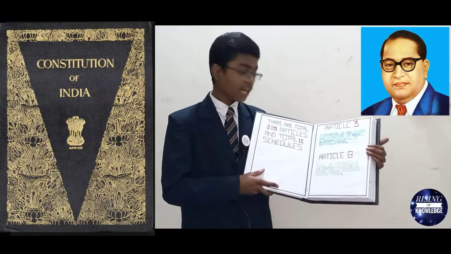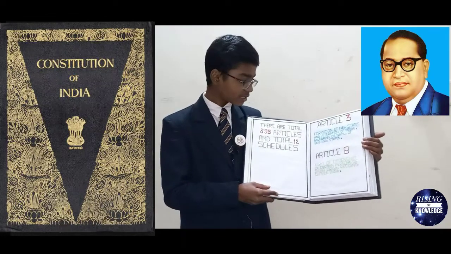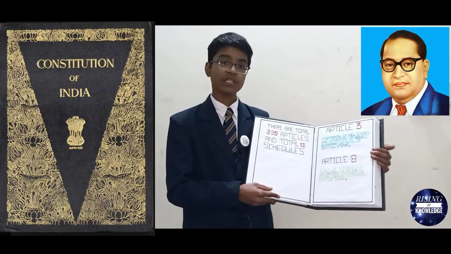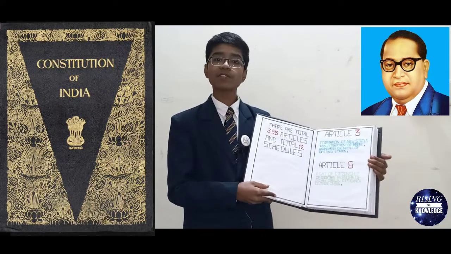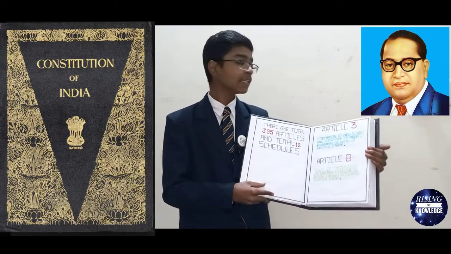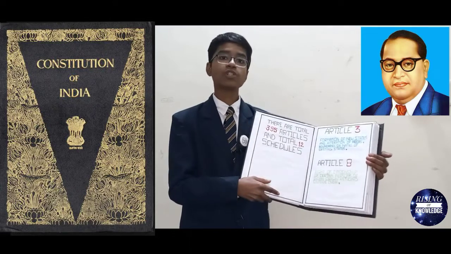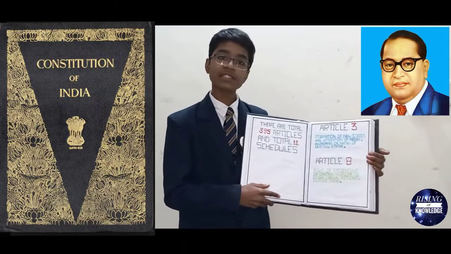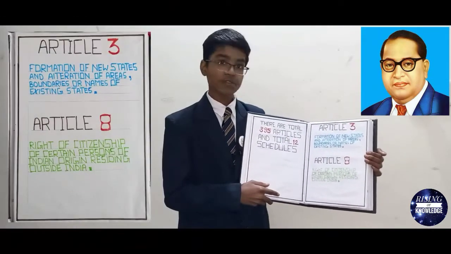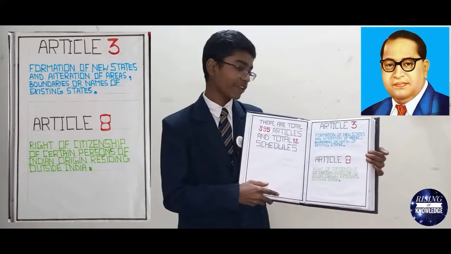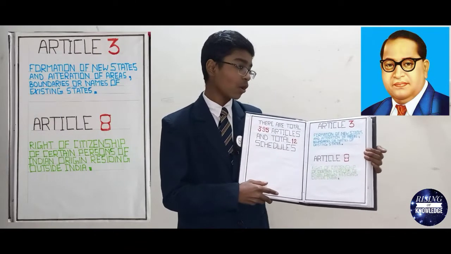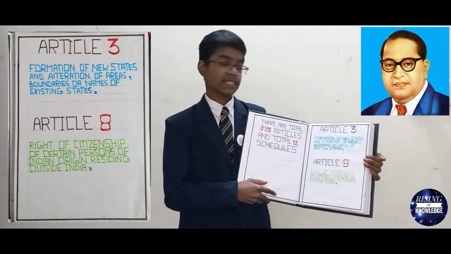So there are a total of 395 articles and 12 schedules. I have written some of the important articles that all of you should know about. Article 3, formation of new states and alteration of areas, boundaries, or names of existing states.